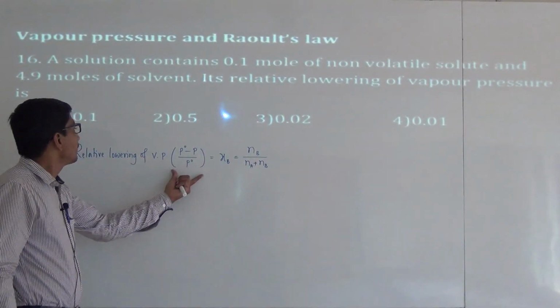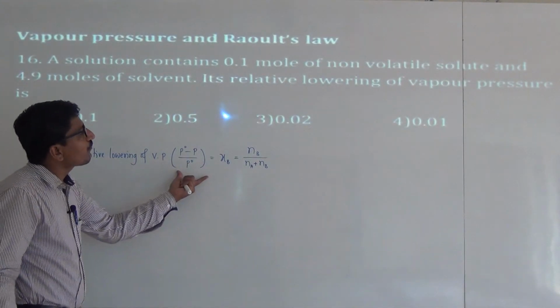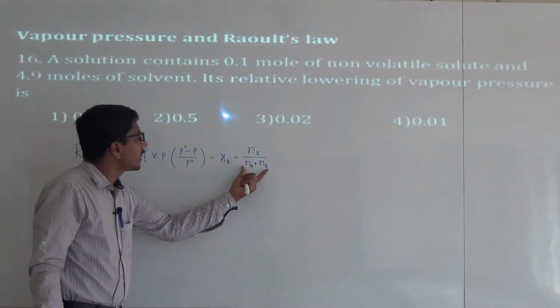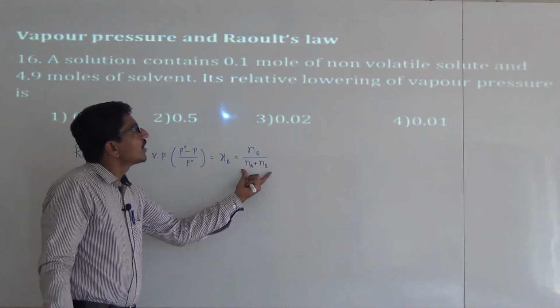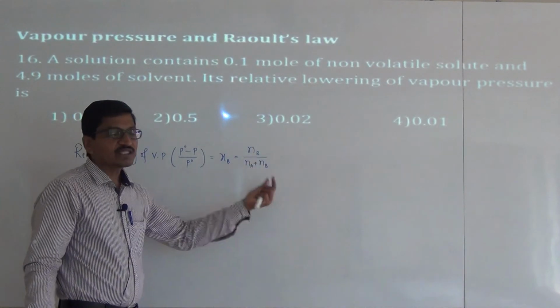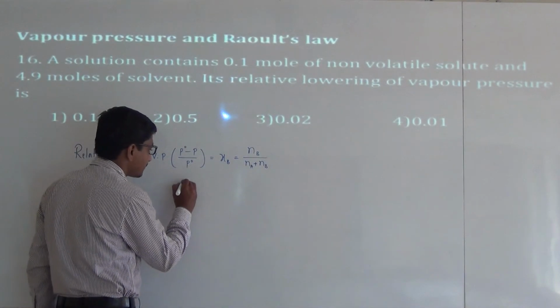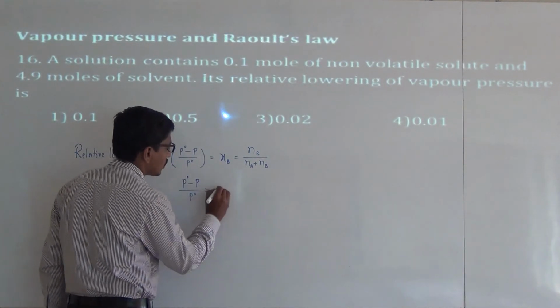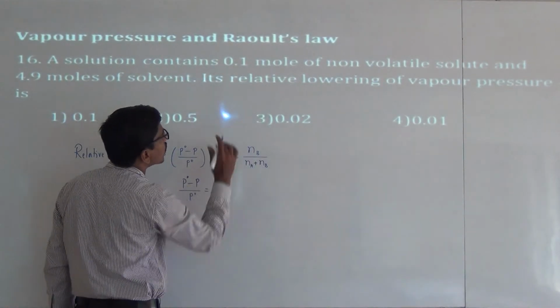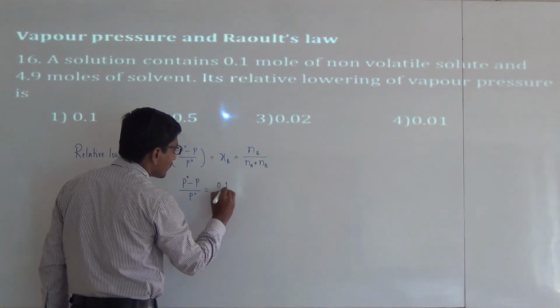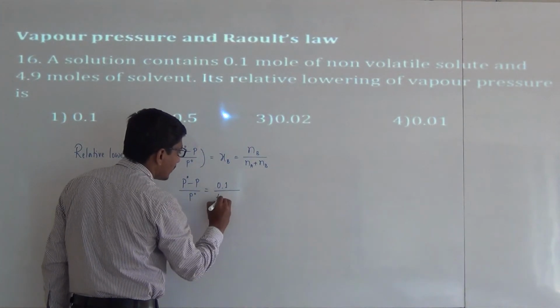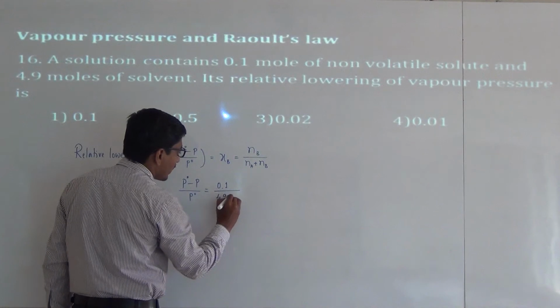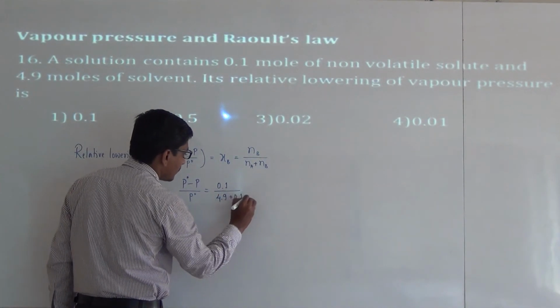From this relation, the relative lowering of vapor pressure can be calculated by knowing the number of moles of solute as well as solvent. That is P naught minus P by P naught is equal to number of moles of non-volatile solute 0.1 divided by solvent 4.9 plus 0.1.